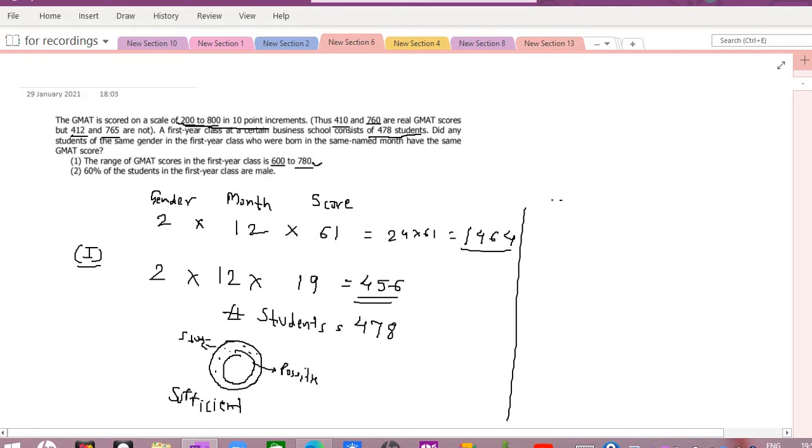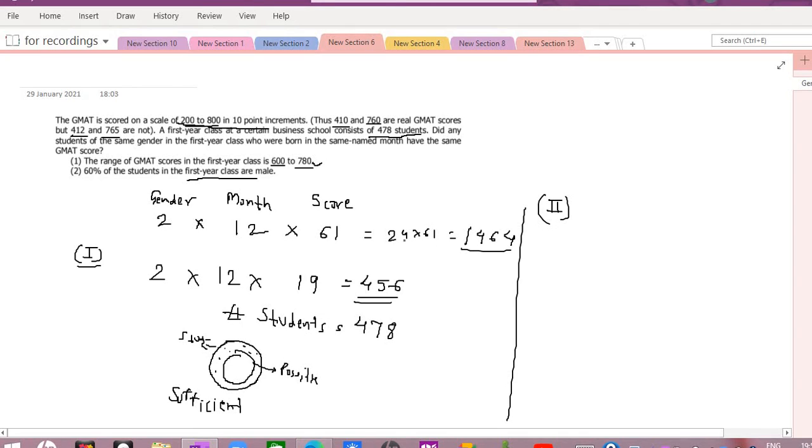Now moving on to statement 2, let's forget about the information given in statement 1. Statement 2 says that 60% of the students in the first year class are male.